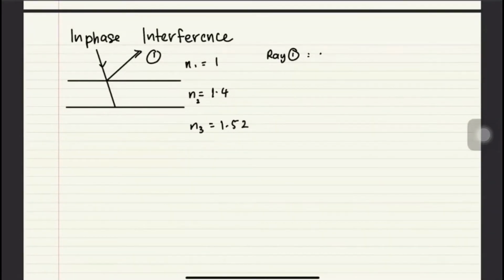So you can say that this one undergoes a phase change of pi radian. But the easiest way to memorize: if n1 is smaller than n2, then you have a phase change. Okay, so far, are you guys okay?